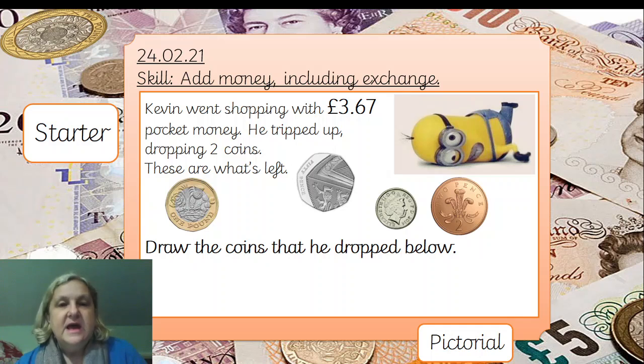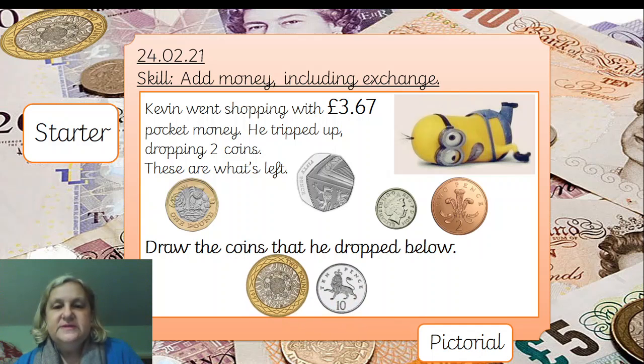And then the next one that he dropped was a 10p piece, because he had 67p, and here he's got 57, so 50, 55, 57. So hopefully you managed to get that. If you did take this one as a 10, don't worry, it's because it's upside down, and you might have spotted that because of the size of it, but it's not particularly clear, but it is a 5p. Okay, so hopefully you've managed that.